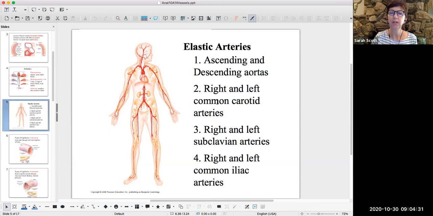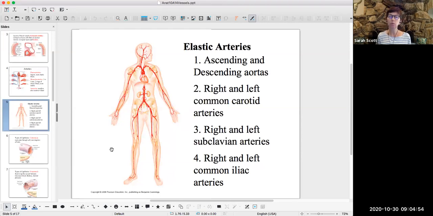So right and left common carotid arteries. These are the large vessels that are going up the neck, supplying oxygenated blood to the brain. We have the right and left subclavian arteries bringing oxygen to the arms, and the right and left common iliac arteries bringing oxygen to the legs.